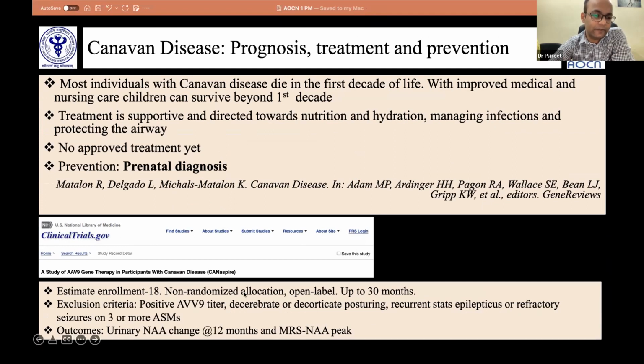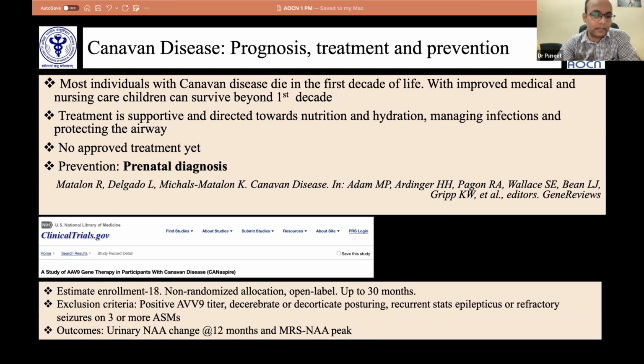There is a clinical trial going on for Canavan's disease, and enrollment started in 2021. This trial is CAN-ASPIRE, and this is adeno-associated virus gene therapy. About 18 patients will be enrolled in this trial. It is a non-randomized allocation, open label trial with children up to 30 months.